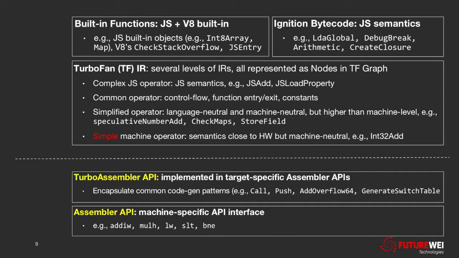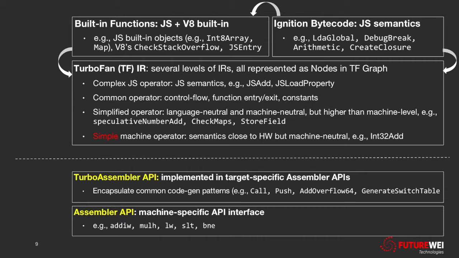And the TurboAssembler API is just a macro layer over the basic assembler, where it encapsulates some of the common codegen patterns. For example, the Call API represents the typical sequence to make a JavaScript call, or Push for pushing multiple slots onto the stack. Essentially, the entire compiler works as flowing from top down and lowering gradually to the lowest level, which is the actual machine instruction.